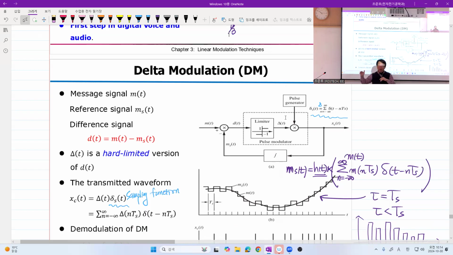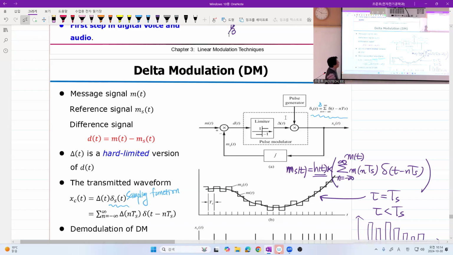Suppose you have a very slowly varying signal but a very fast sampler. Then you may assign a lot of bits to represent the height, which may take a large or small value. But if it is slowly varying, the difference will be very small, which means if you encode the difference between two originally sampled signals, you may save a lot of bits.